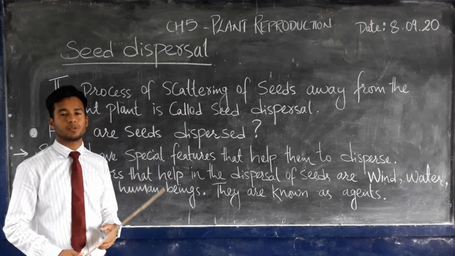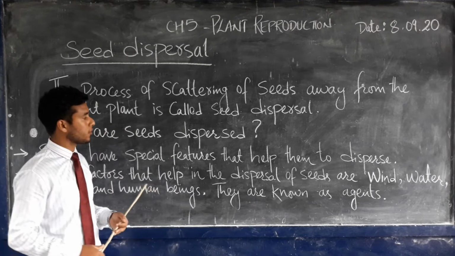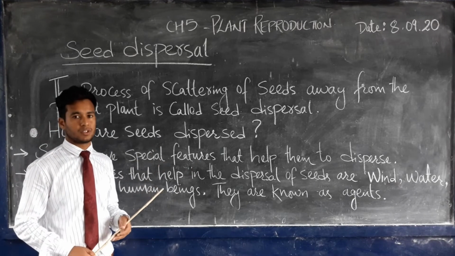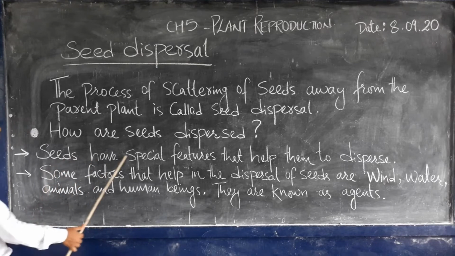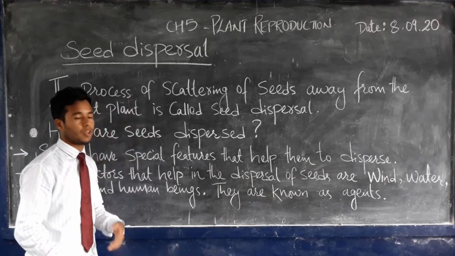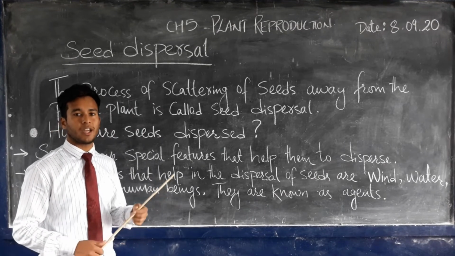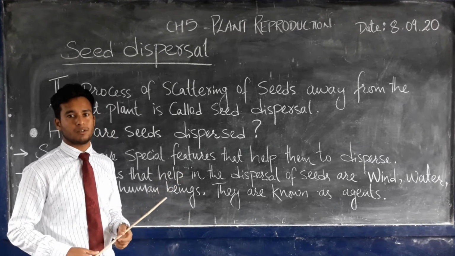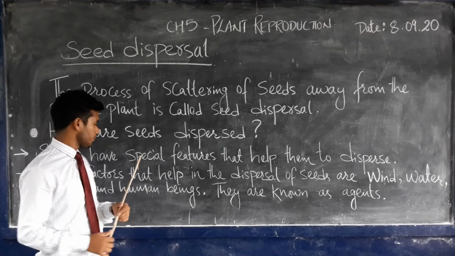Seeds possess some special features after which they are ready for seed dispersal, with the help of which they can be carried from one place to another by different means or factors.